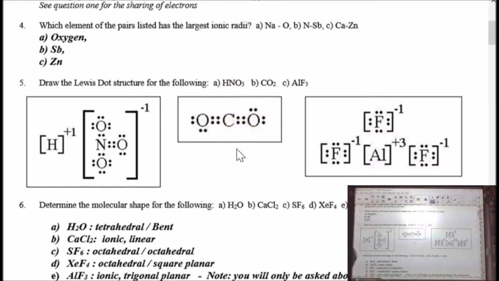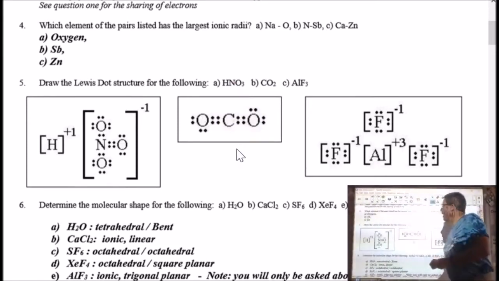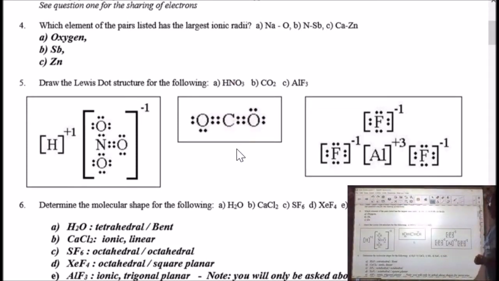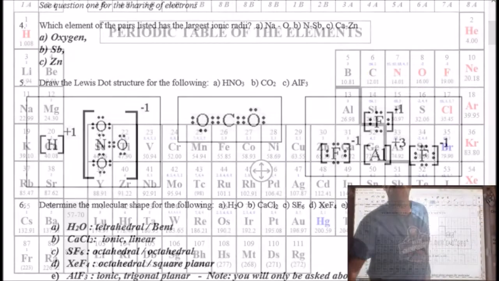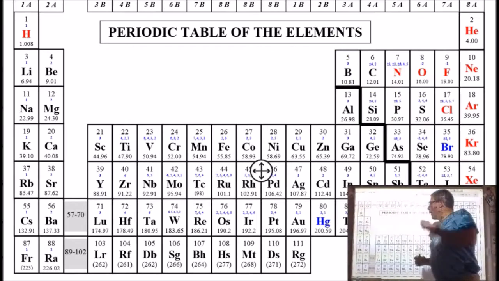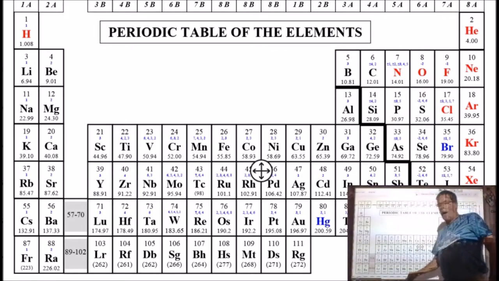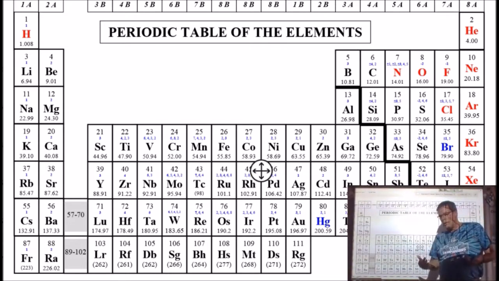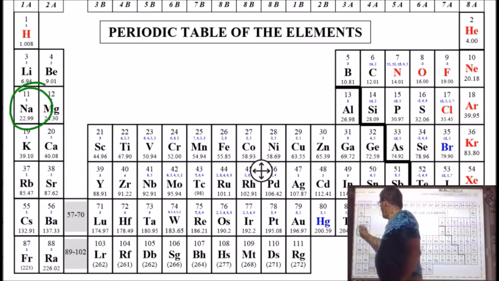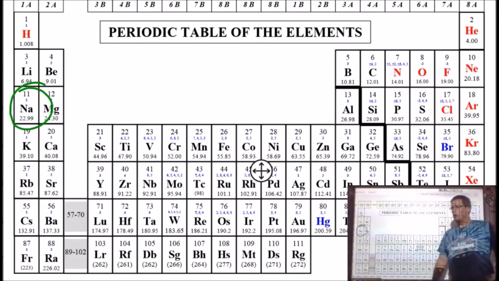Number 4. Which element of the pairs has the largest ionic radii? The first one is between sodium and oxygen. Let me pull up a periodic table here. The question is asking who has a larger ionic radius. Remember, ionic means it has a different number of electrons from what it started with. Sodium has 11 protons and 11 electrons.